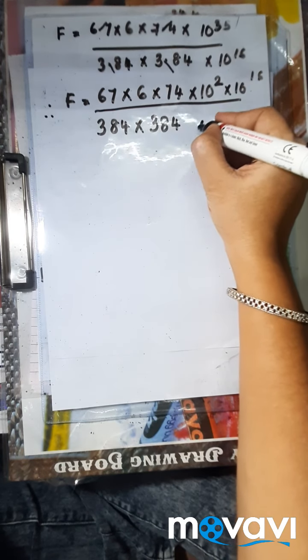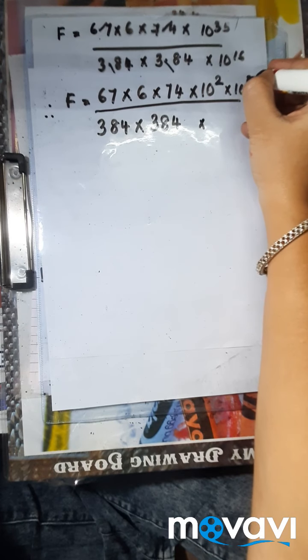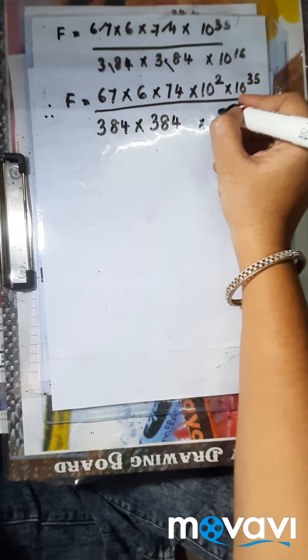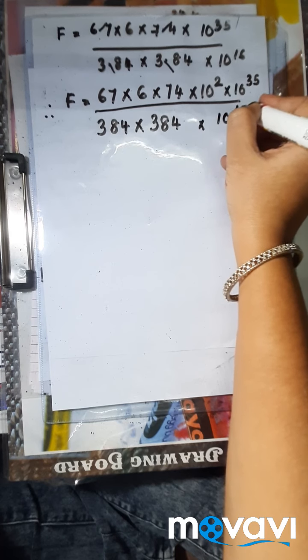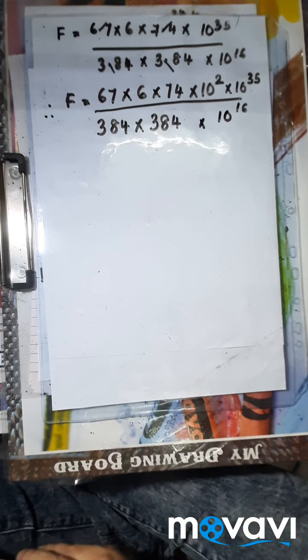This is my 10 raised to 35, multiplied by 10 raised to 16, correct?